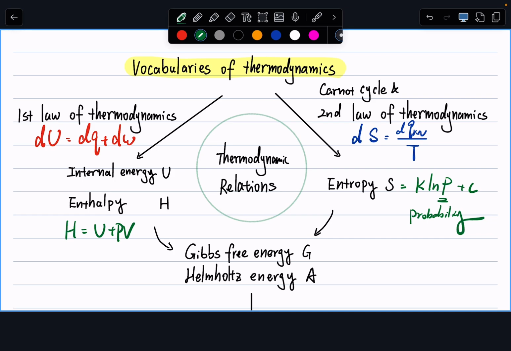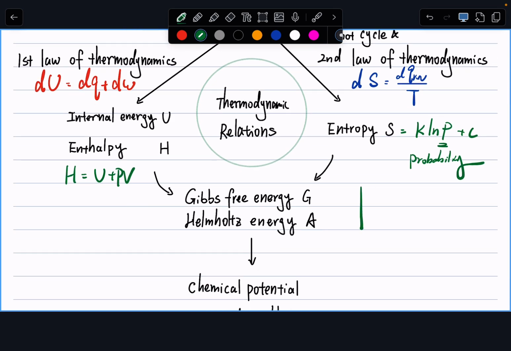All right. And we linked entropy to the concept of equilibrium. That is, as stated in the second law of thermodynamics, the entropy of any system that's not at equilibrium will always increase, or the entropy of your isolated system always increases until it reaches an equilibrium.